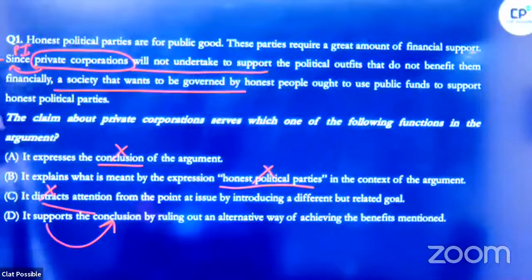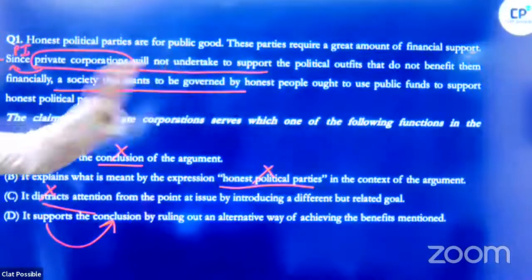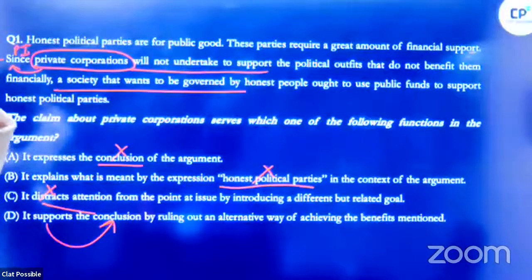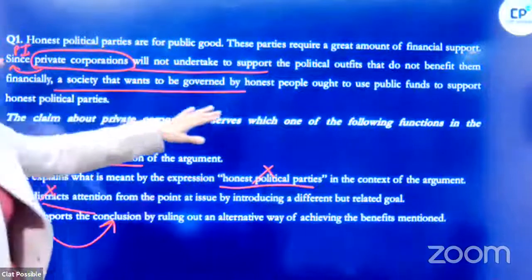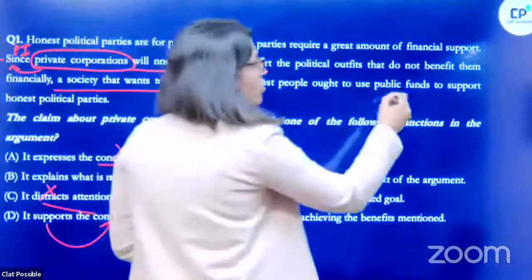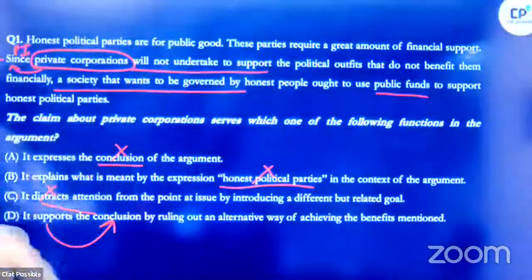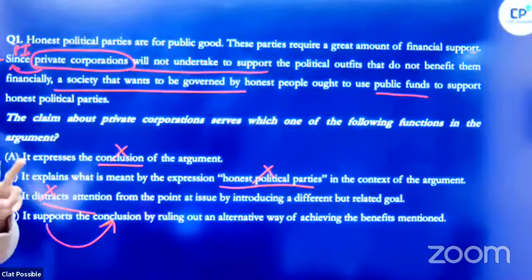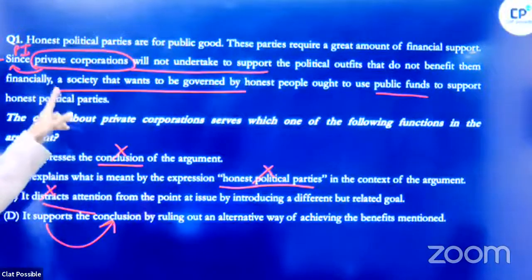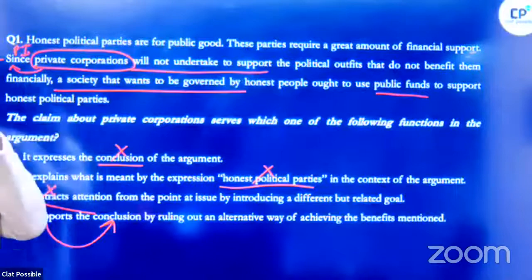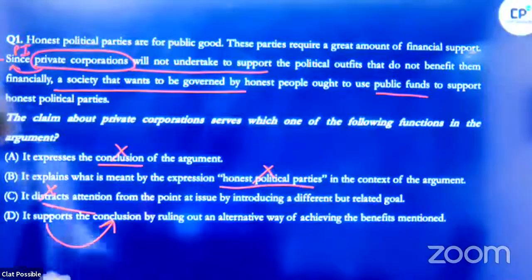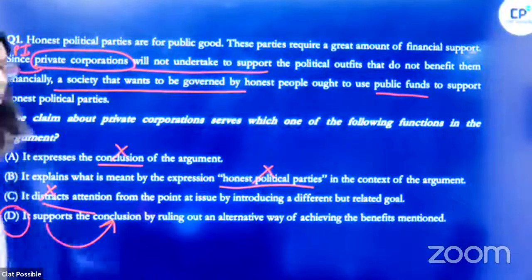It is saying that since private corporations will not support this venture, we have to find public funds to support it. That means there are two ways to support this, and the author is ruling out private ways and saying we have to use the public funds. So the answer for this will be option D.